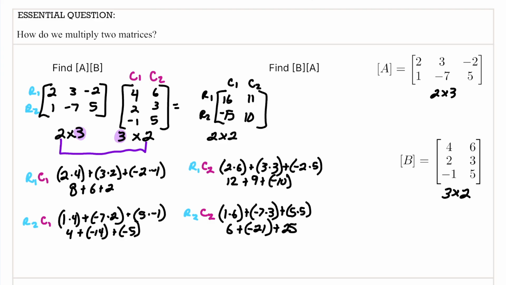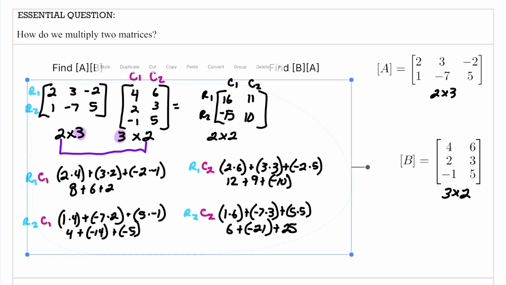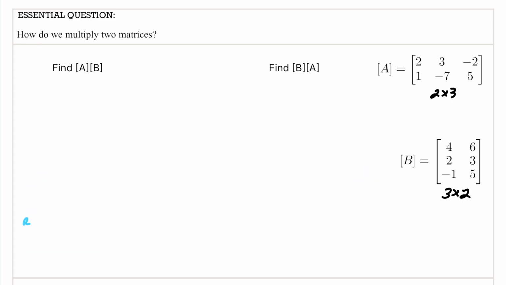Now if we switch that around and we want to find B times A, that's going to be 4, 2, negative 1, 6, 3, 5, which is a 3 by 2 matrix.